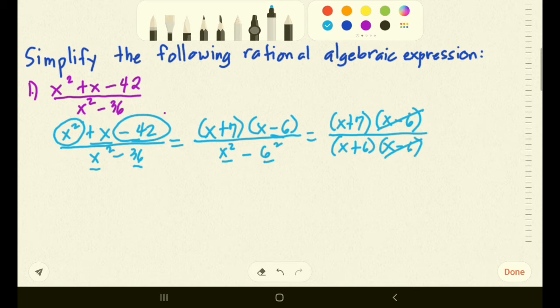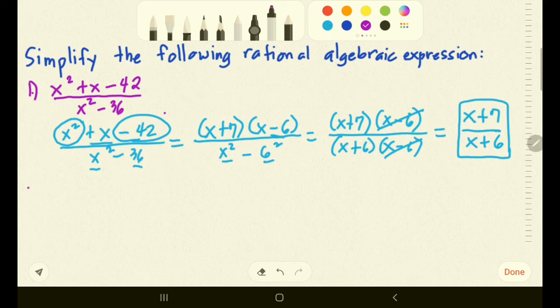It cannot affect the remaining expression. So that would be x plus 7 over x plus 6. Okay, that is the simplified form of x squared plus x minus 42 all over x squared minus 36.